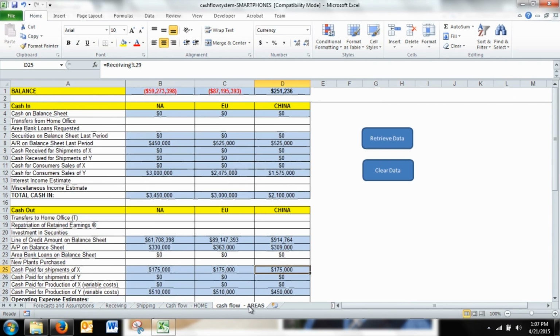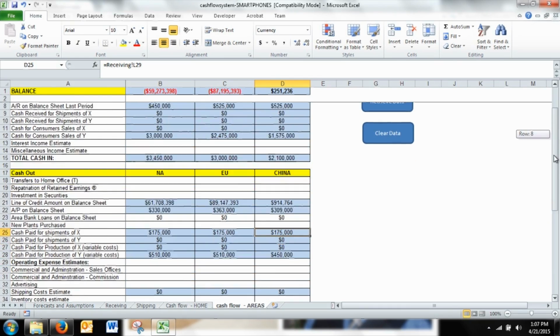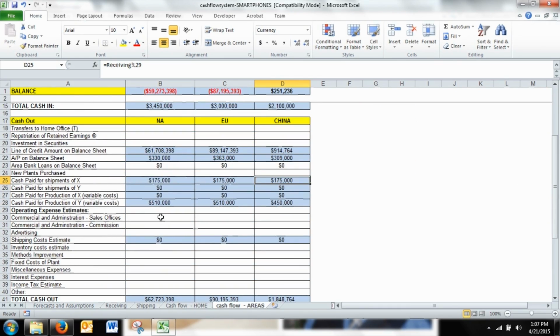Okay, so if we go back to cash flow areas now, we can enter in more assumptions about sales costs. So we know we're selling 10,000 units. We can say our sales commissions are $50,000. Our methods improvement on our plants is going to be $250,000 in each area. So we can enter in these assumptions in terms of what each of our expenses are.